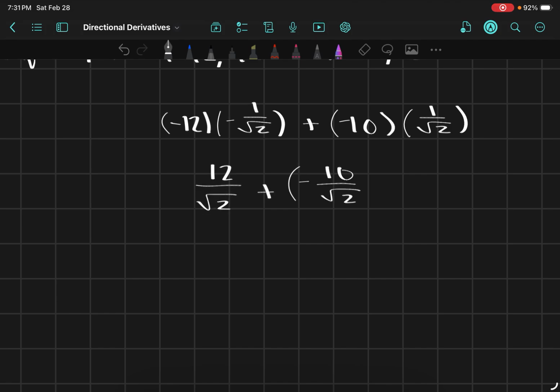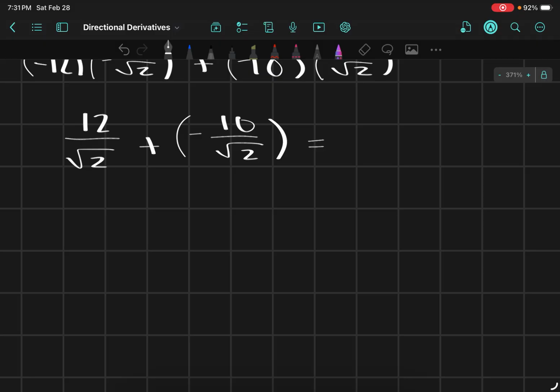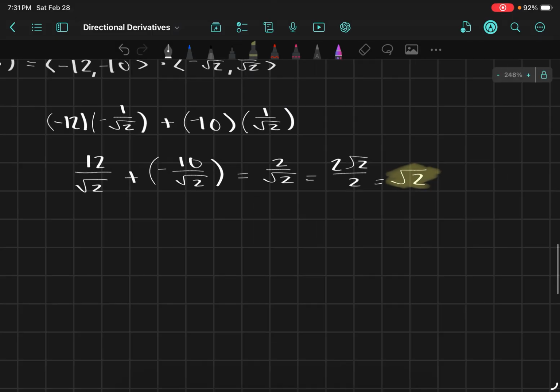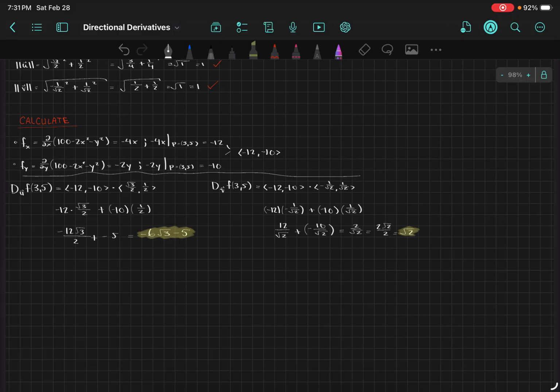Negative 10 over square root 2. Same base. We can just go ahead and simplify this into 2 root 2, which is just going to equal 2 root 2 over 2, which is just going to equal root 2. So those are our directional derivatives in the direction of u and our v vectors.